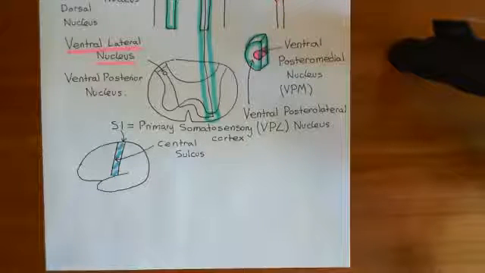All of the information about touch, about temperature, about pressure, things like that, about vibration, all of that comes into the primary somatosensory cortex, and also you're getting these projections from the pain pathways, so it's also getting pain information coming in there.